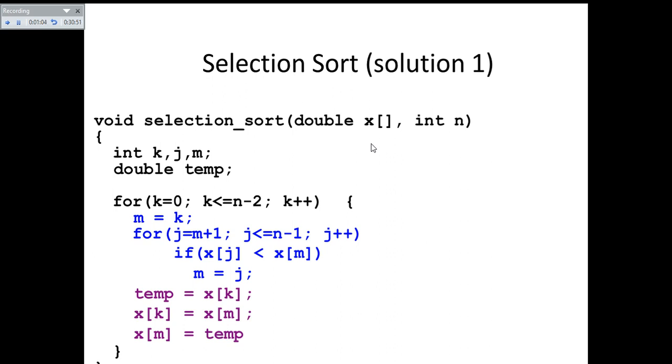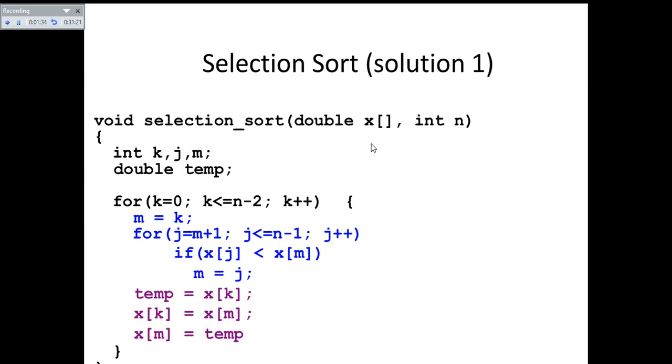So what we are going to do is compare the element at position j with m. And how many times is it compared? It is compared till it reaches the end of that particular array size. Then if x of j is less than x of m, we are simply changing m to j.